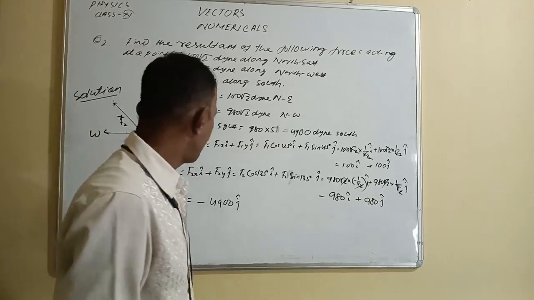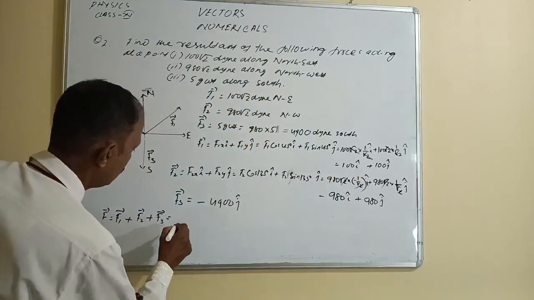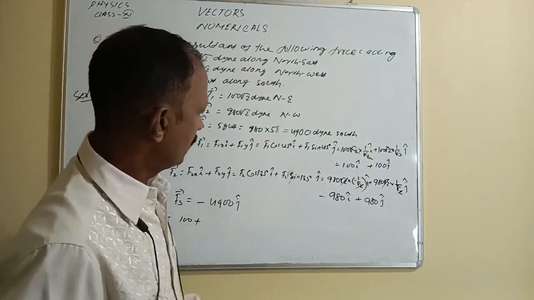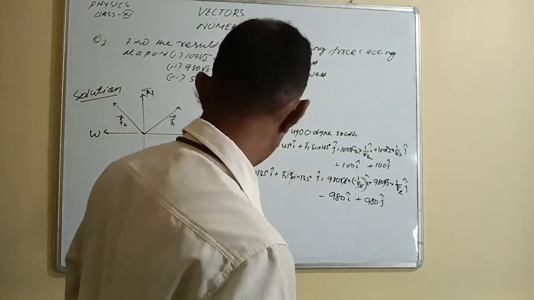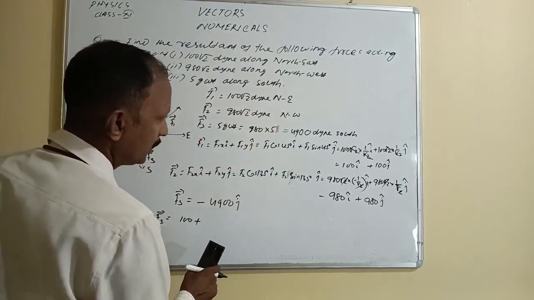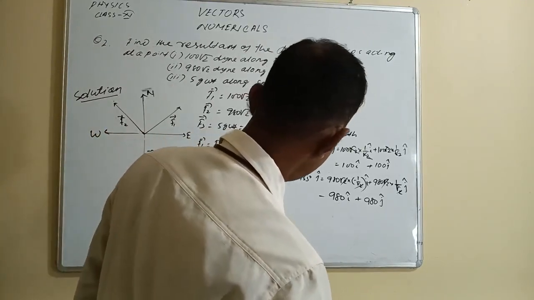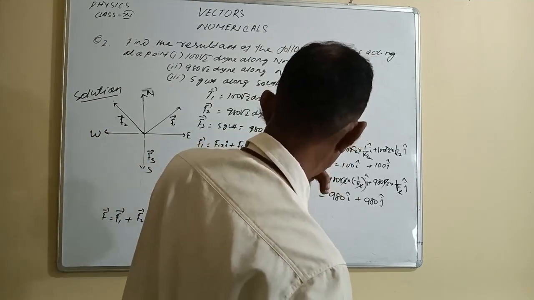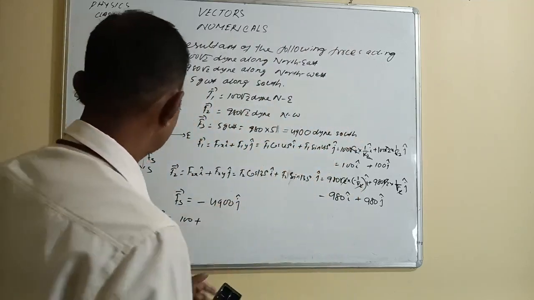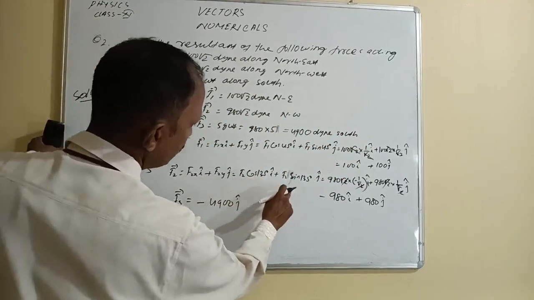So we have to add the x components. The x component here is 100 plus, in the second, minus 980. Yes, it is correct, cos 135 degree gives minus 980.